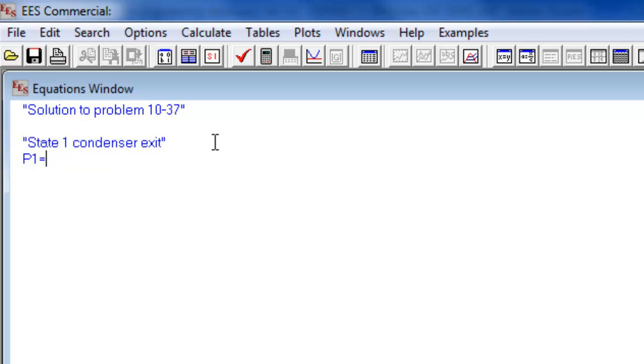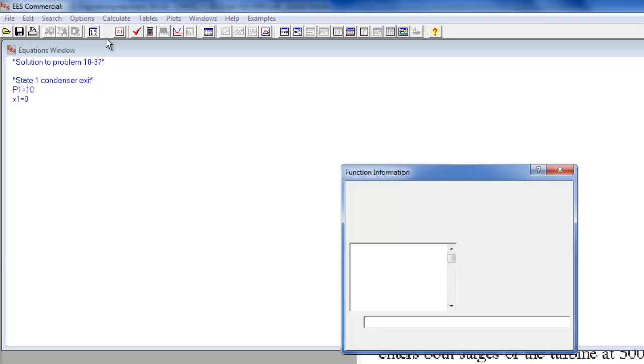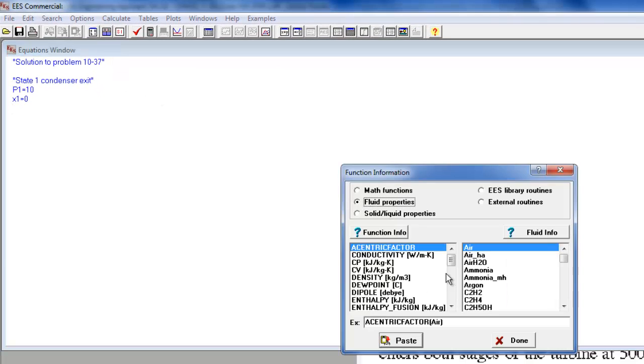So pressure 1 is 10 kilopascal, and we know that quality 1 is 0. With that in mind, we're going to use steam. In this case, we're going to use this formulation of steam.